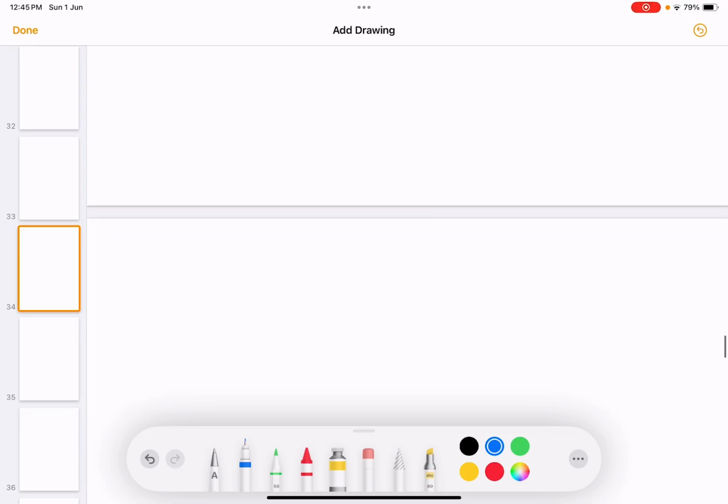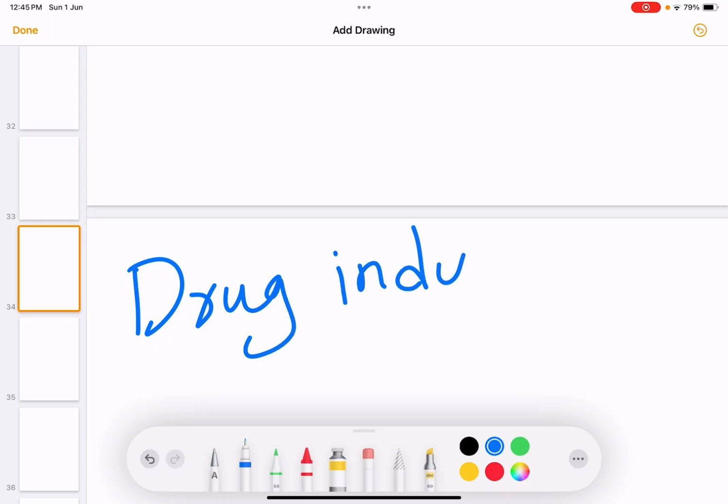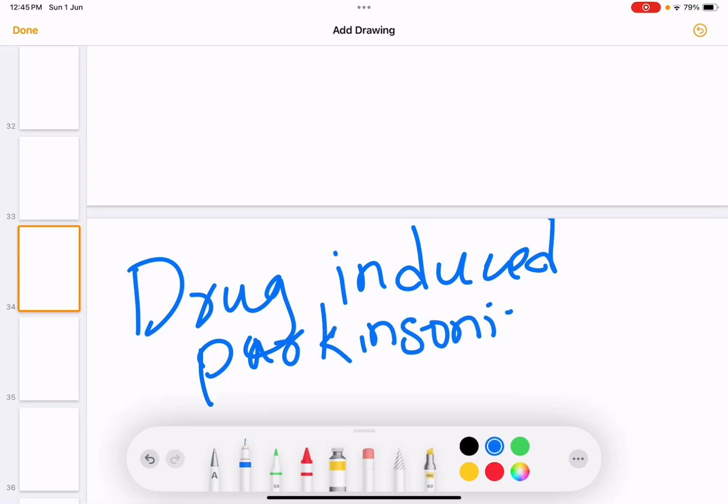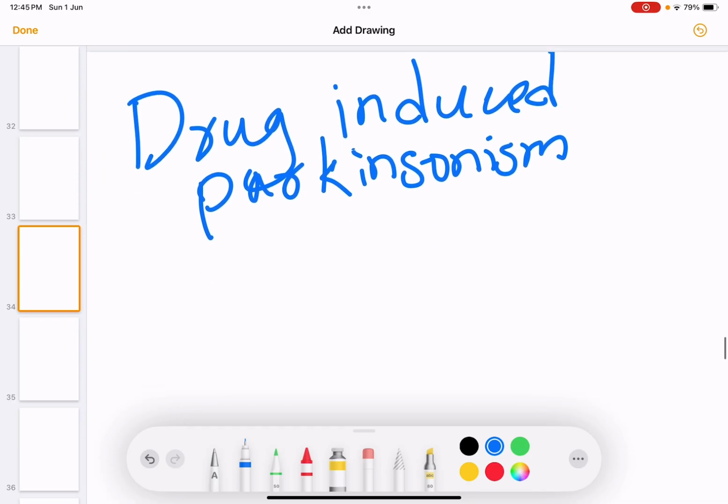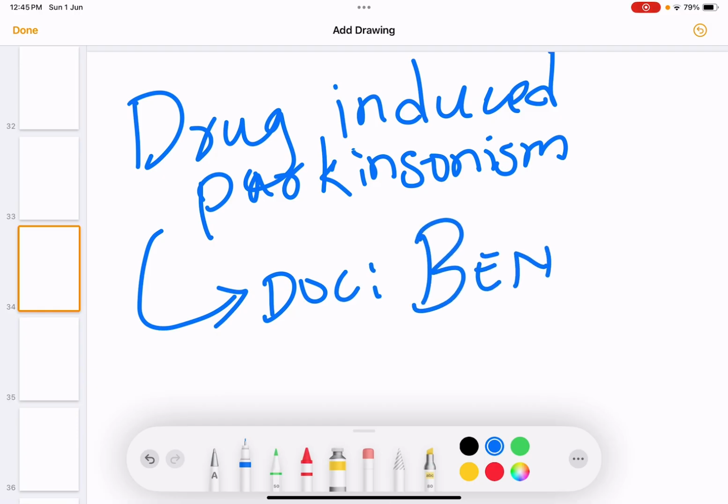Now there is something called drug-induced Parkinsonism, which is due to antipsychotics. The treatment of choice for this drug-induced Parkinsonism is benzhexol or trihexyphenidyl. You can also use other centrally acting anticholinergics.